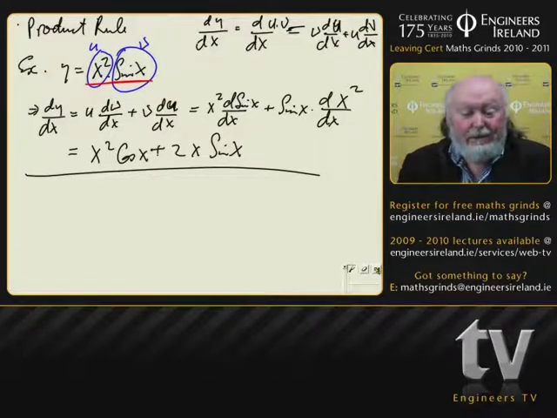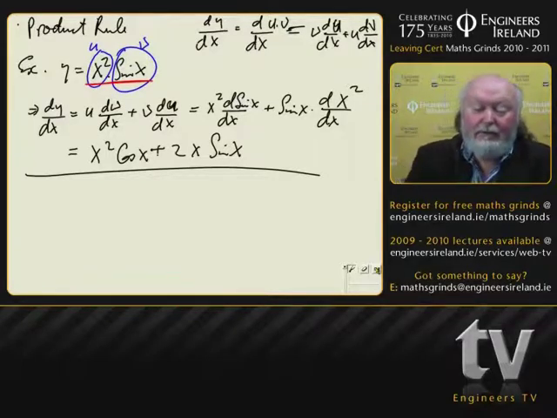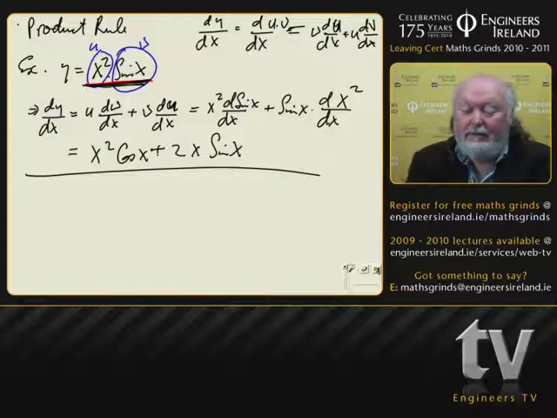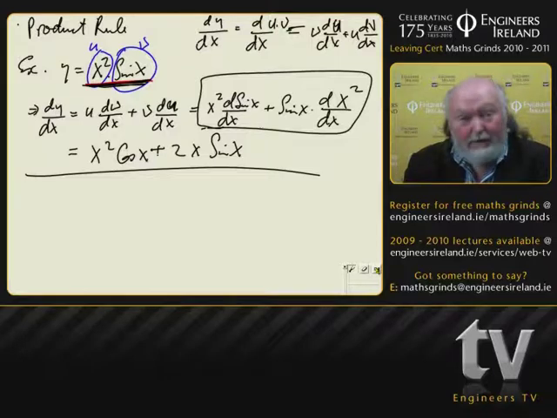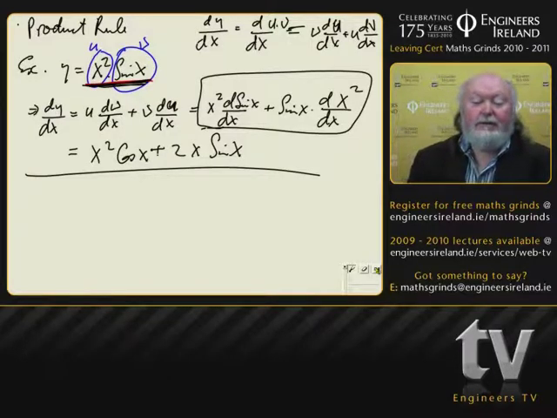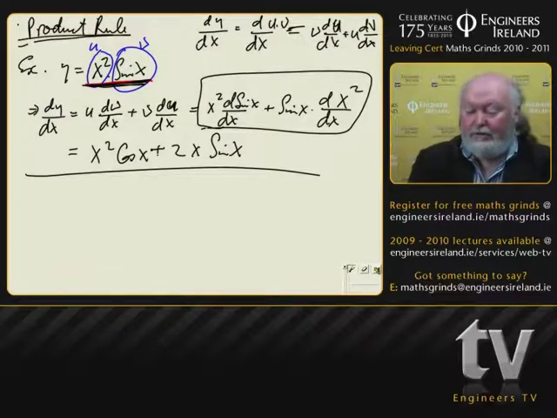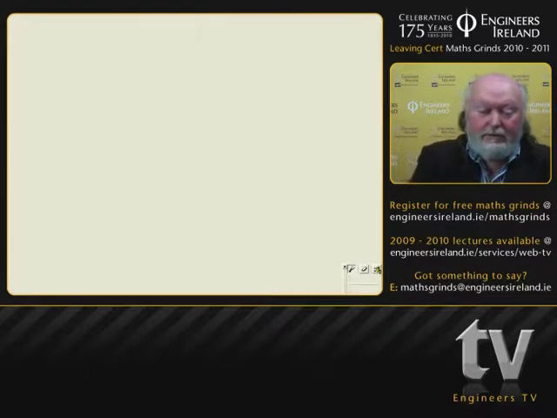That is definitely a bargain, to go from this thing to this simple problem. It is a powerful tool. There are many cases, though, where it isn't a product, but you've got a quotient. And the next rule, obviously, is going to deal with those.